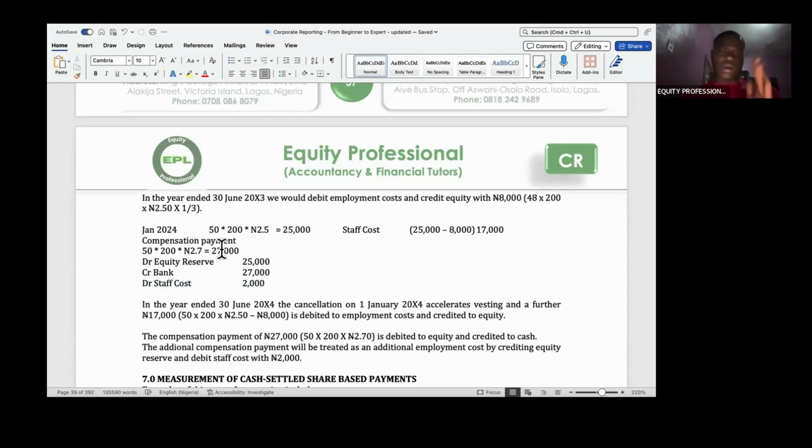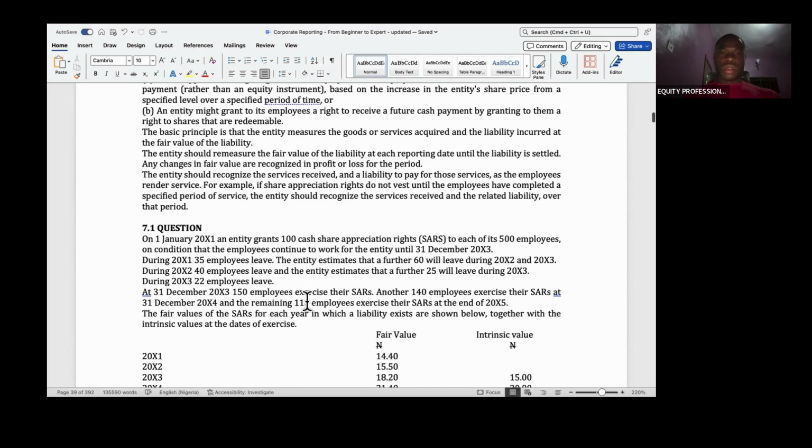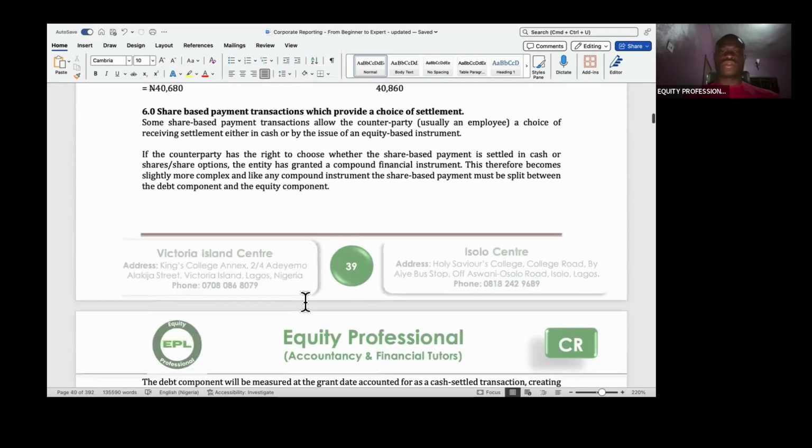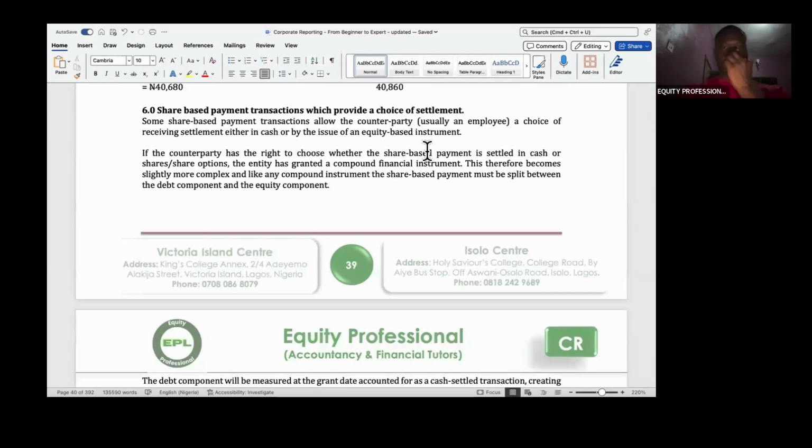Okay. Now, the last part that I've not really touched is the third type of share-based payment transaction, where there is a choice of settlement. The one whereby the employer is not sure.